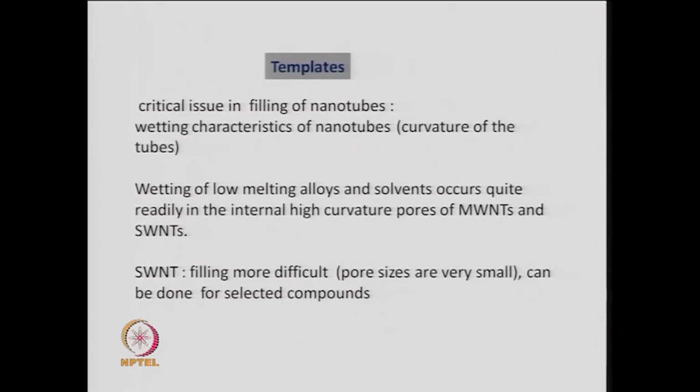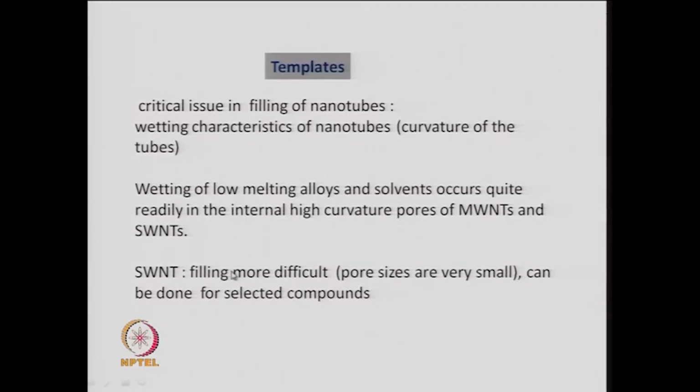Now, the critical issue when you fill nanotubes is the wetting characteristic of the nanotube, and that depends on the curvature of the nanotube. Wetting of low melting alloys and solvents occurs quite readily in multi-walled nanotubes and single walled nanotubes.